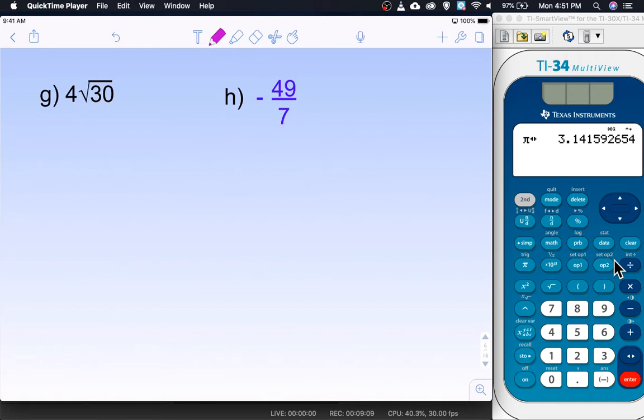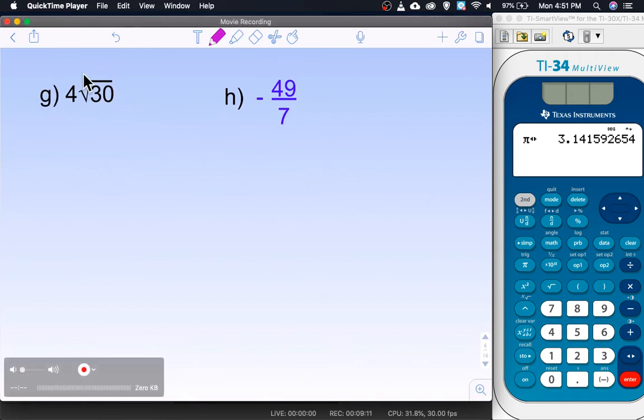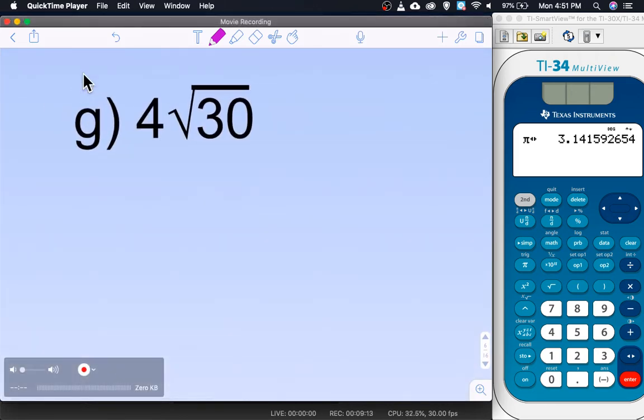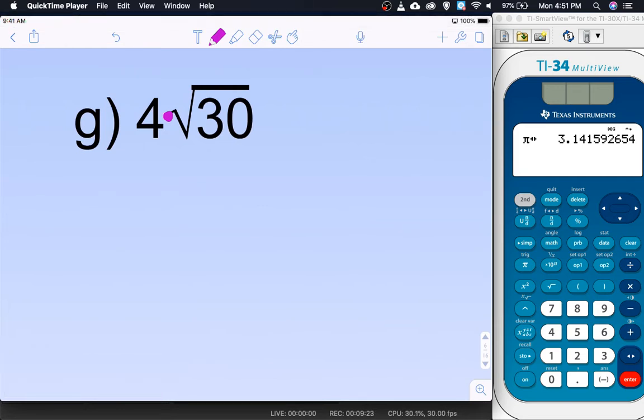Letter G. So you may not have seen an expression like this before. This says 4 square roots of 30. Now that means 4 times the square root of 30. Is this irrational?